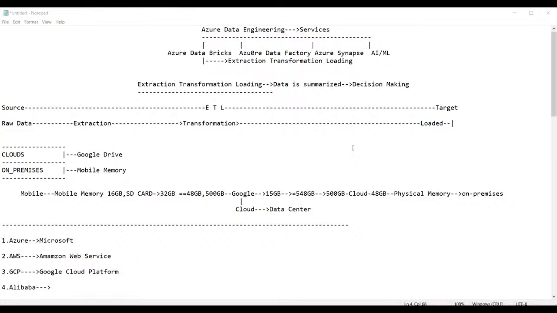It is asking for a credit card number. Yes, credit card, obviously. That is for the free subscription. It will charge some 2 rupees from the credit card, and this free subscription will be valid for 30 days. After that you have to go for the pay as you go model. That model will cost you based on your usage only.